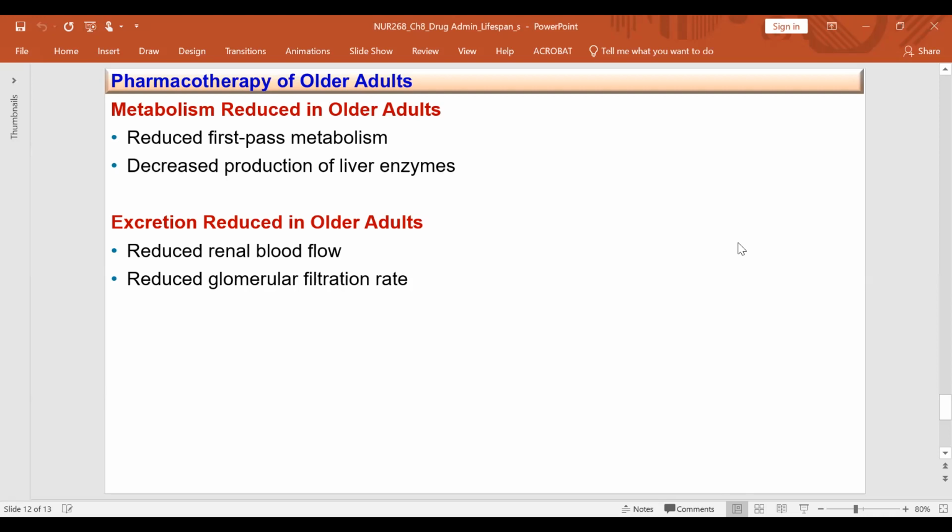Frequent monitoring of the drug dosage and also of blood labs as well.